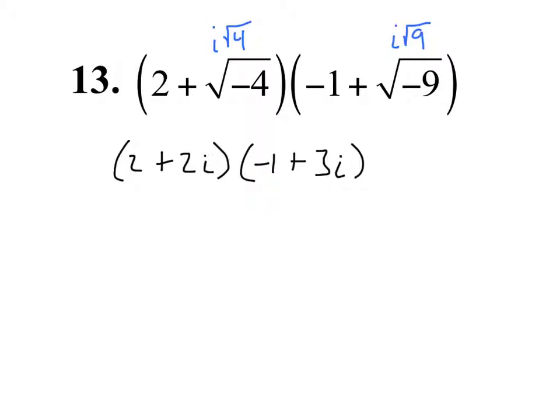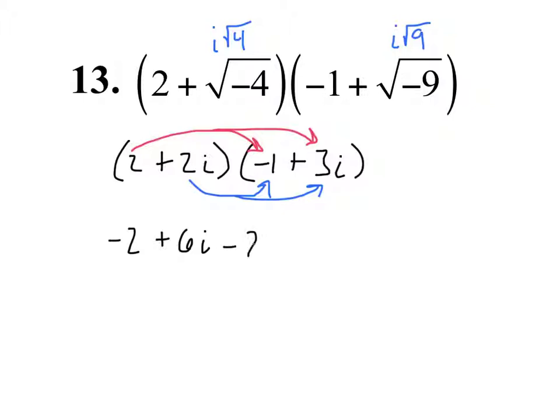And now it's a matter of multiplying like we've been doing. So we're going to take 2 times negative 1, 2 times 3i, 2i times negative 1, and 2i times 3i. So negative 2 plus 6i minus 2i plus 6i squared.